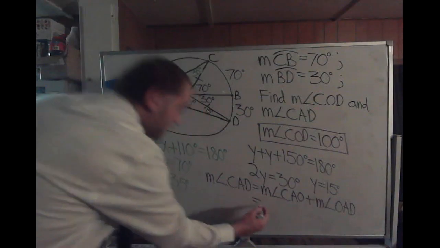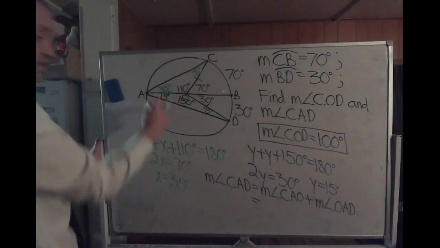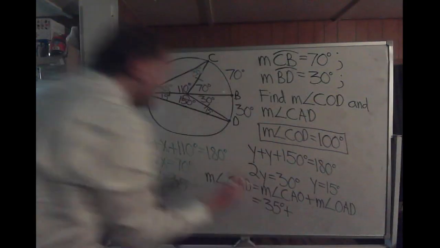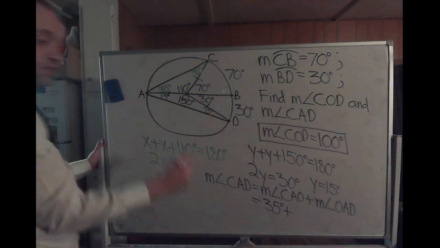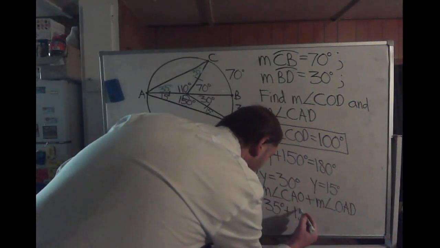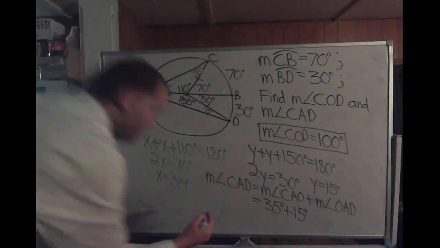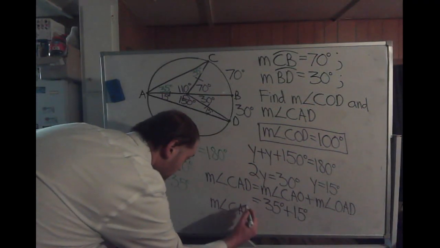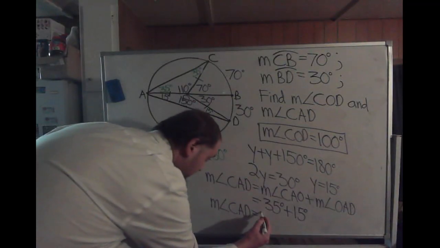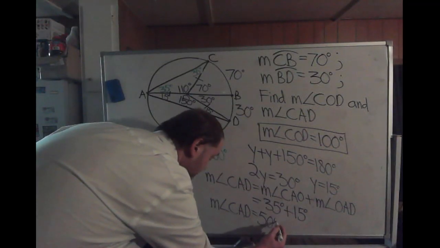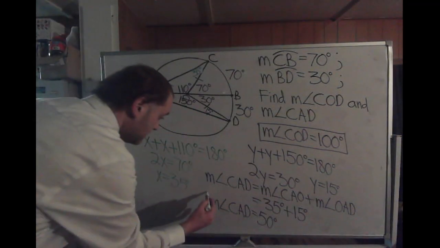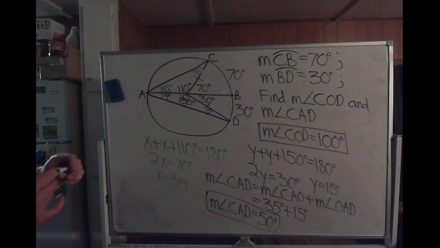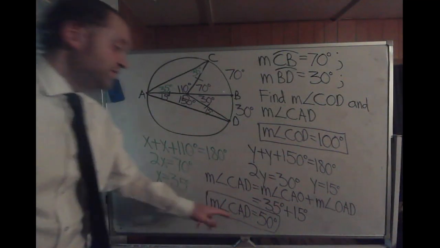Which would be what? Measure of angle CAO is 35, plus then the measure of angle OAD is what? 15. So then you should get that the measure of angle CAD is going to be equal to 50 degrees.